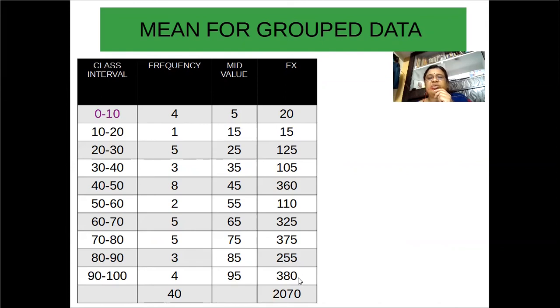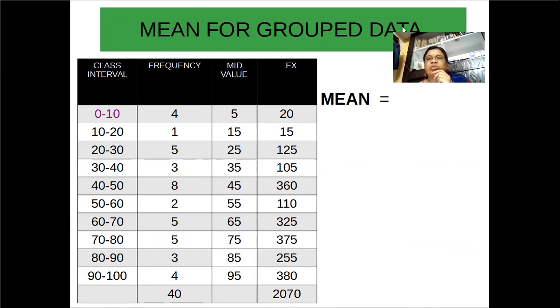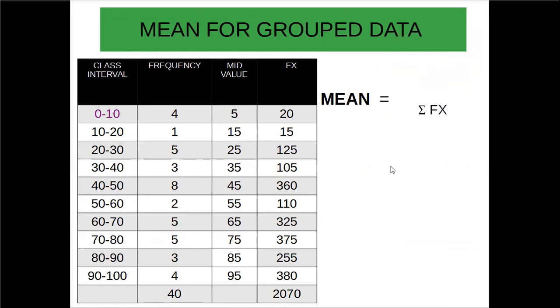So let us see what will be the formula to find out the mean for a grouped data. So this is sigma fx by sigma f. This is the formula for finding out the mean for a grouped data.